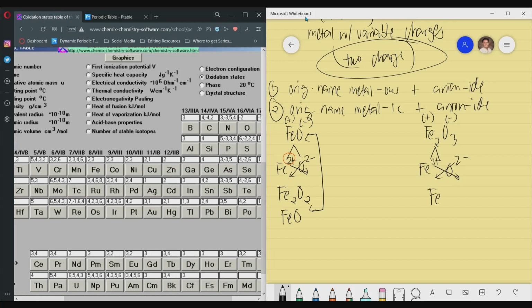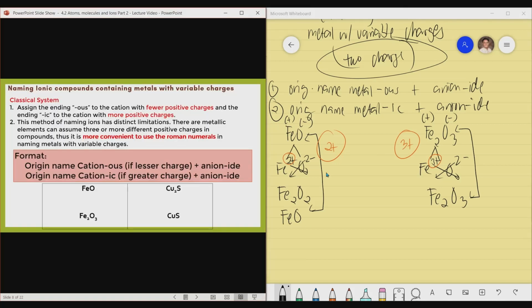You have Fe2O3, which is the same with your given. So that means ang ginamit mo dito ay 3 plus. Dito ay 3 plus, dito ay 2 plus ang iyong ginamit. Ngayon na na-discover mo na kung ano yung particular charge na ginamit: for FeO, 2 plus, kay Fe2O3, 3 plus.